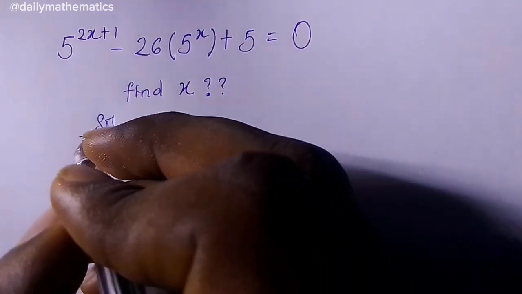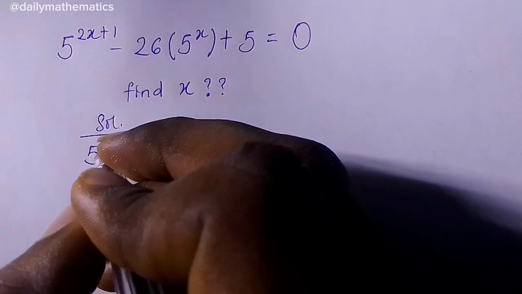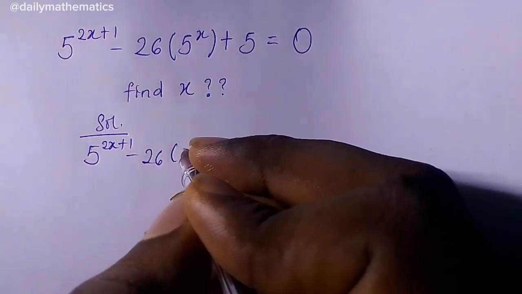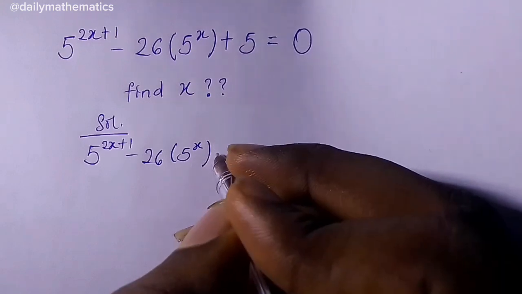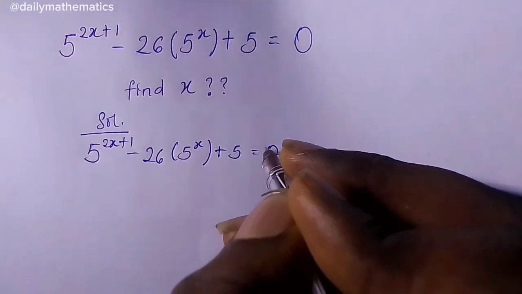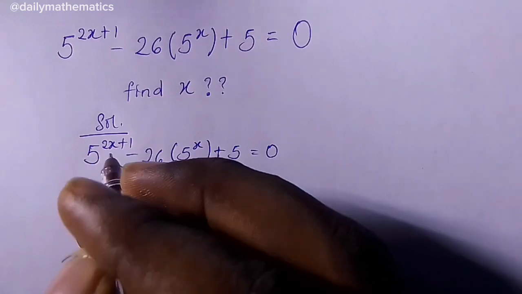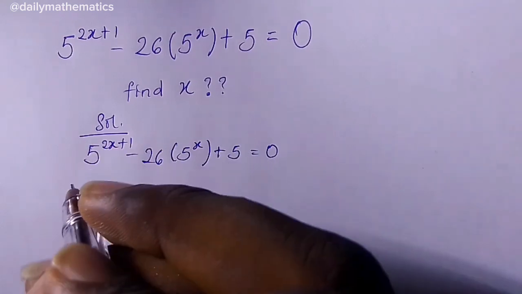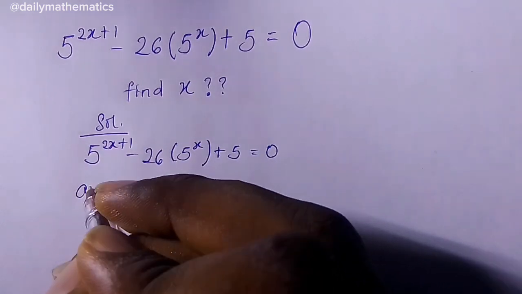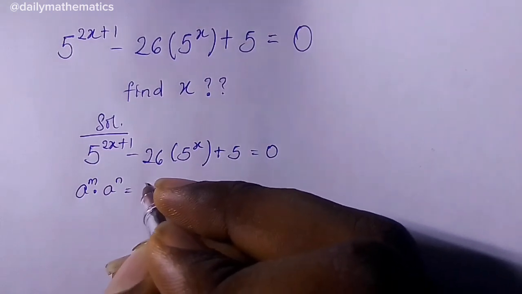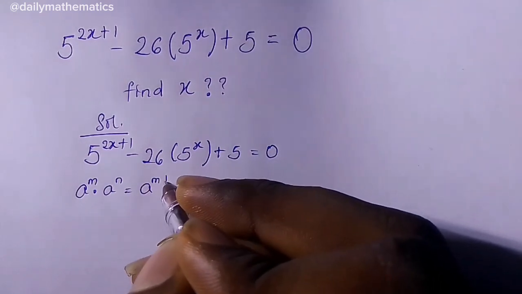First of all, let's rewrite the question. 5 raised to the power of 2x plus 1 minus 26 multiplied by 5 raised to the power of x plus 5 equals 0. Now the first thing we're going to do is to separate this. Remember, a raised to the power of m times a raised to the power of n is equal to a raised to the power of m plus n.